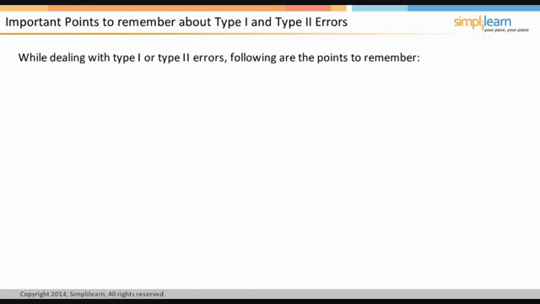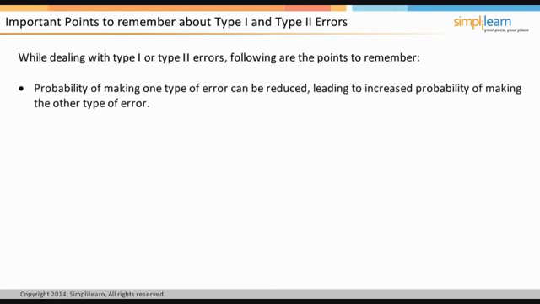As you start dealing with the two types of errors, keep the following points in mind. The probability of making one type of error can be reduced when one is willing to accept a higher probability of making the other type of error. Suppose the management of a company producing pacemakers wants to ensure no defective pacemaker reaches the consumer.